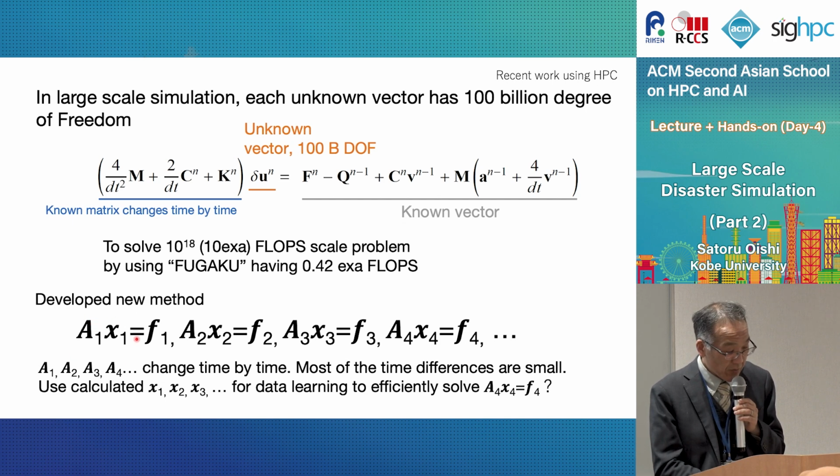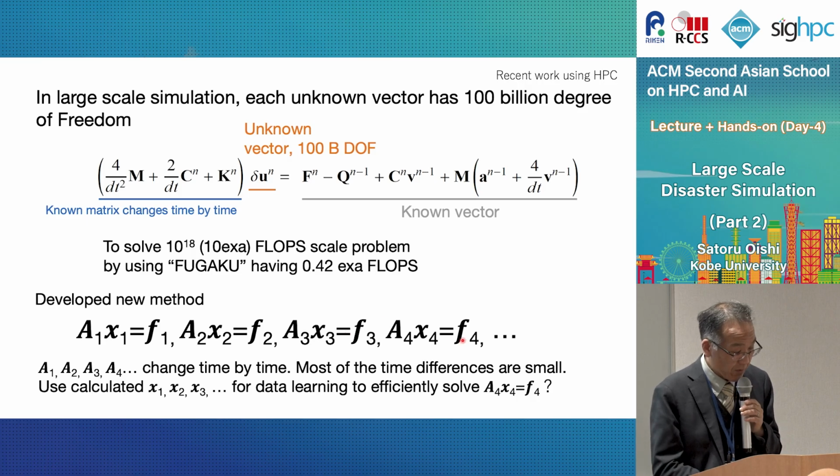During calculation, they have A1, F1 at the first time step, A2, F2 at the second, A3, F3 at the third, and so on. And each time step has an X value, the unknown vector.